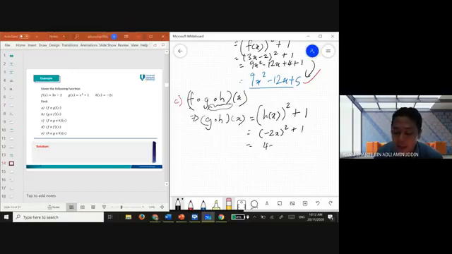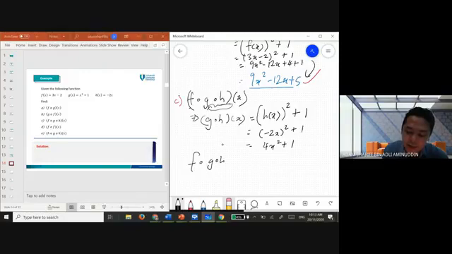Jadilah 4x kuasa 2 tambah 1. Double check. Negative 2x squared jadi 4x squared plus 1. Okay. Dan siaplah G composite HX. Sekarang ni saya nak masukkan G composite H ni jadi input kepada F.